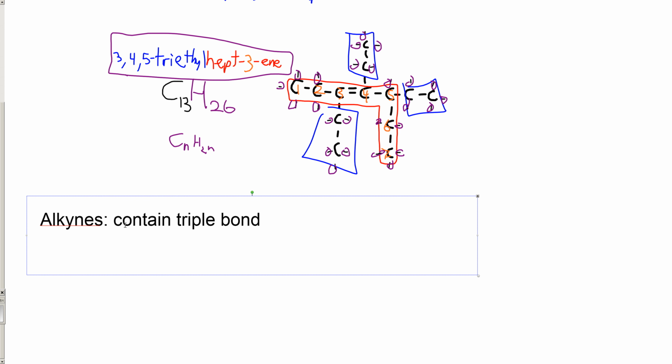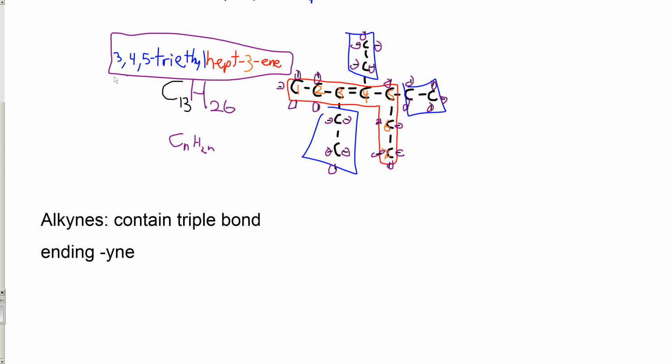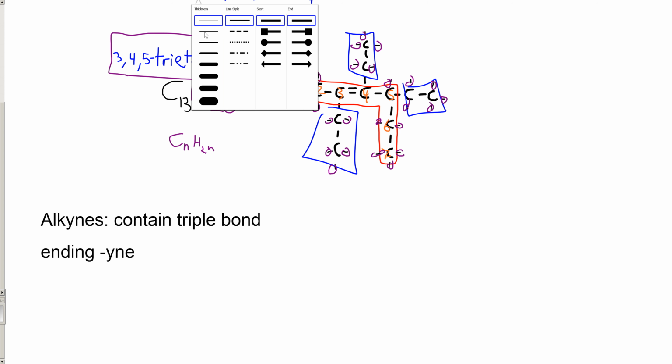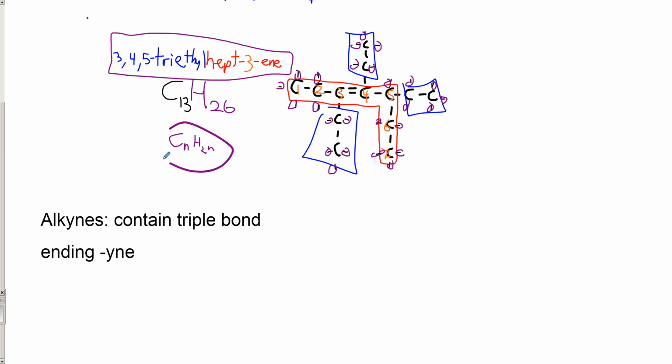Their formula: the formula for alkynes is CnH, and this is where we have to do a little bit of math, 2n minus 2.